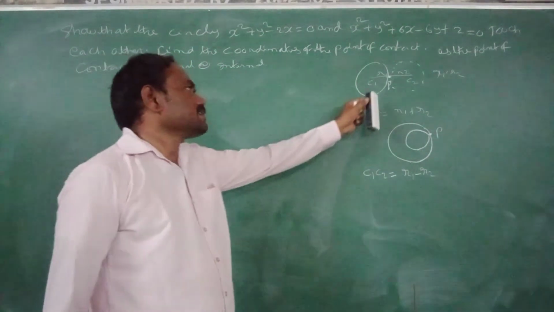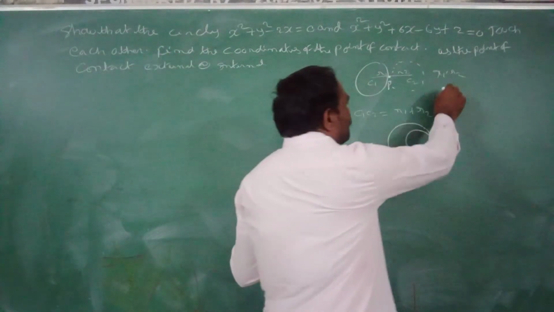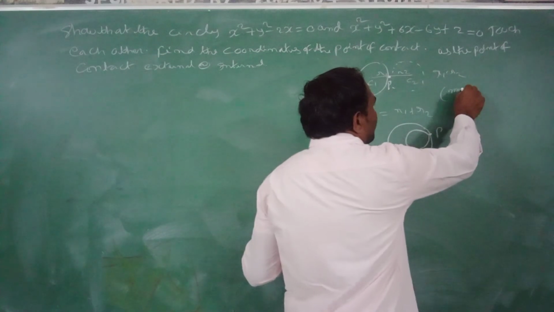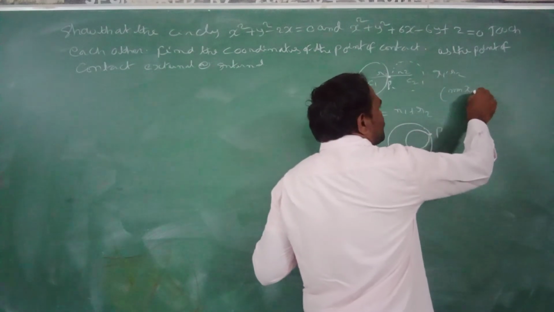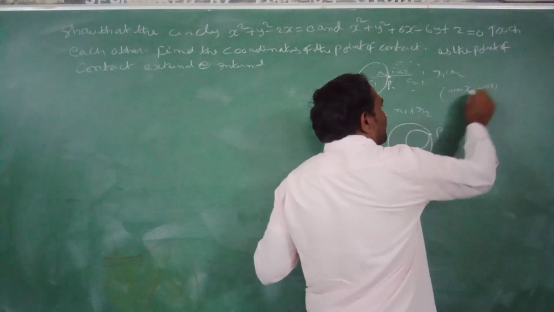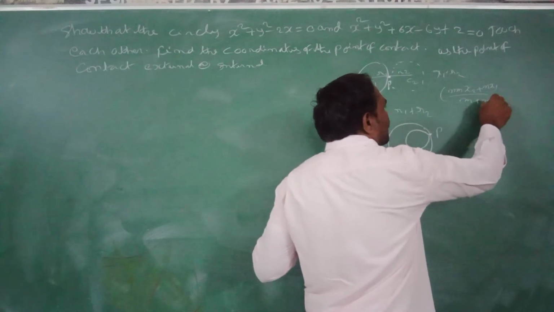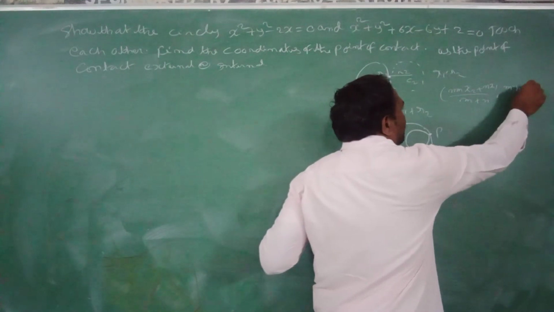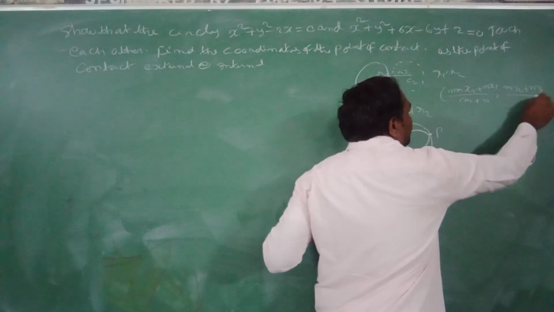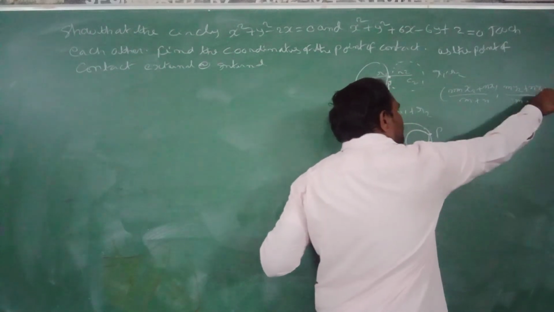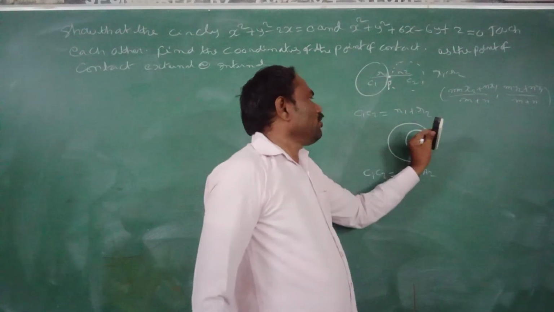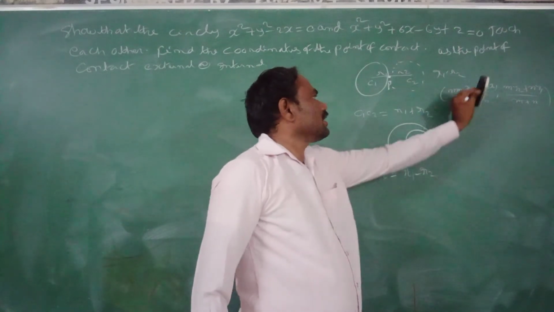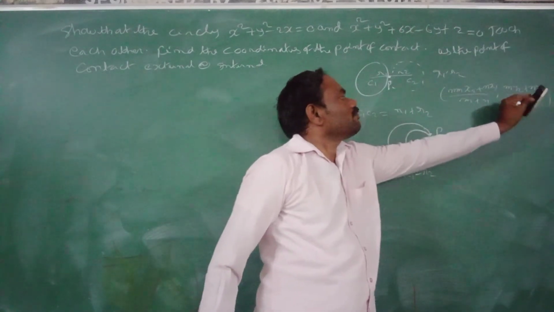If the point is internal, the formula is (mx2 plus nx1 by m plus n, my2 plus ny1 by m plus n). If the point is external, then minus will come in these plus places.